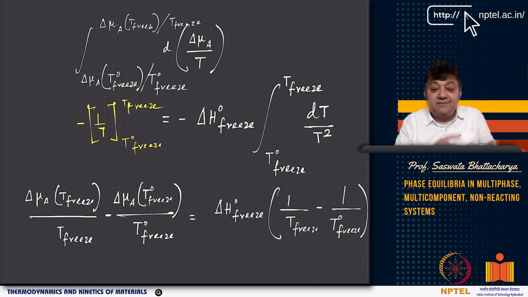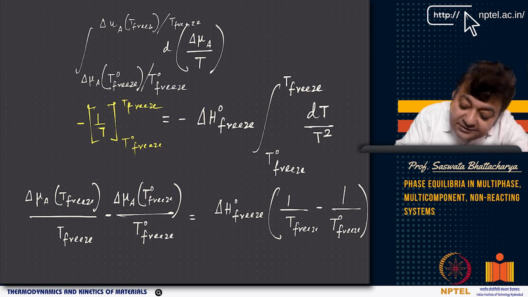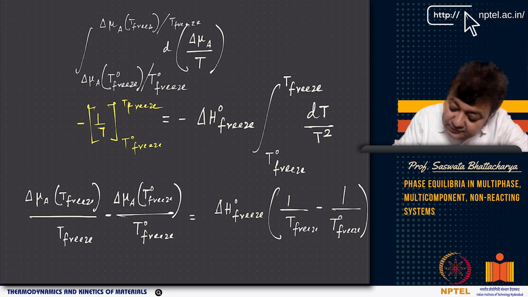So if you are looking at final minus initial, delta mu at T freeze by T freeze is what we need. Remember, this is not mu A 0. Don't put 0, because 0 means this A is in the pure solvent state. We are not looking at that. We are looking at delta mu A only.